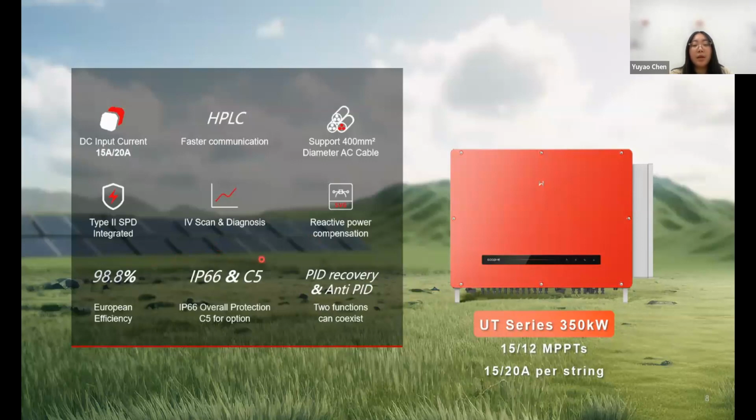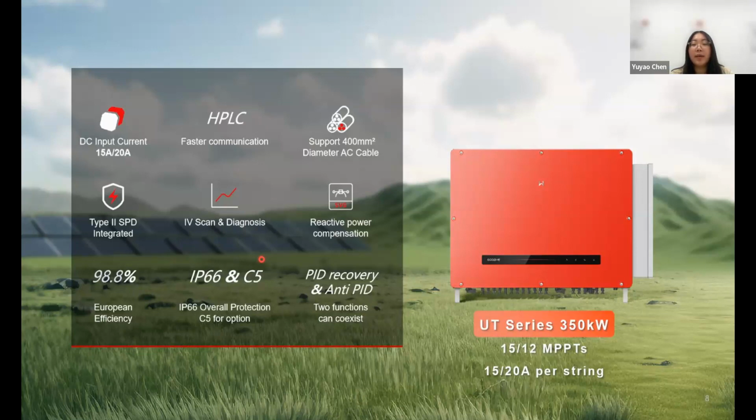And then the last one is the PID solution. Our PID will be optional. If you choose the PID function, you can have both PID recovery and anti-PID for your modules. It means you can choose to enable anti-PID during the daytime and PID recovery during the nighttime.